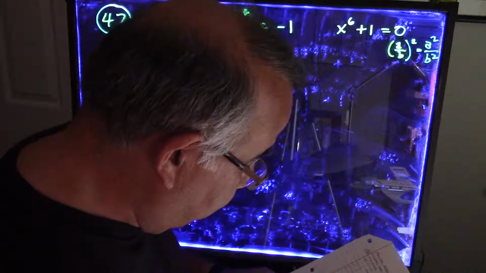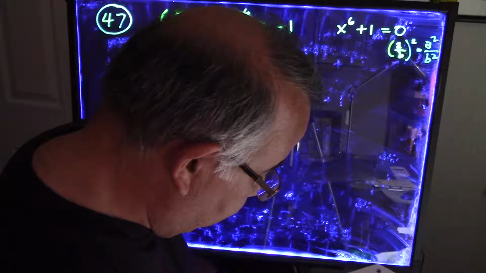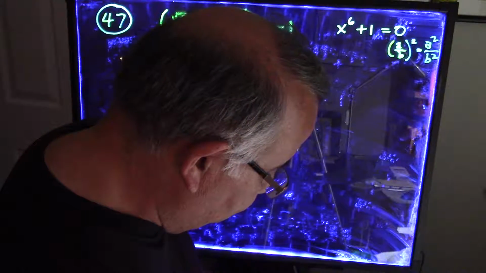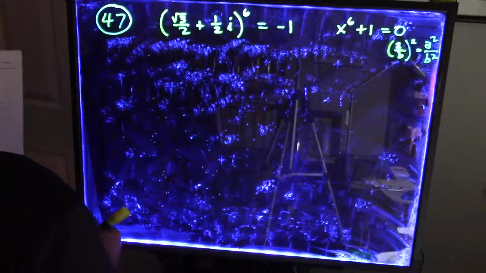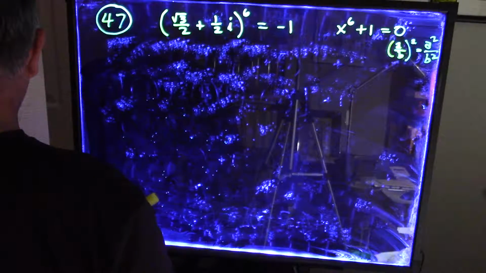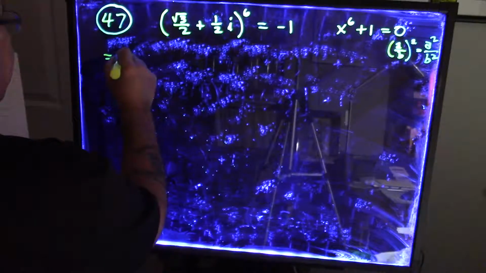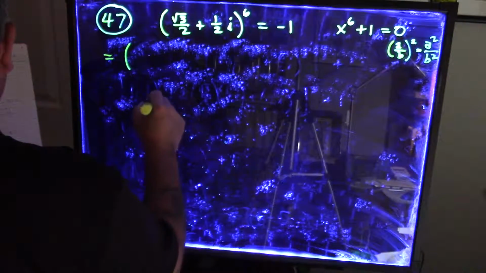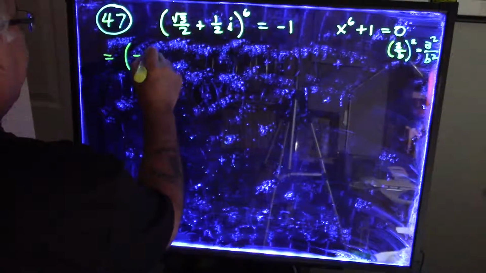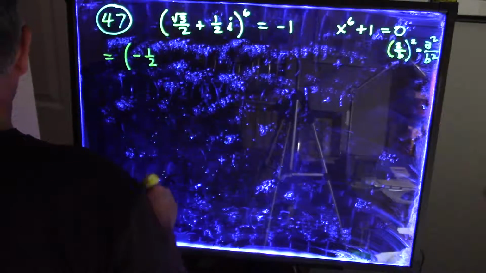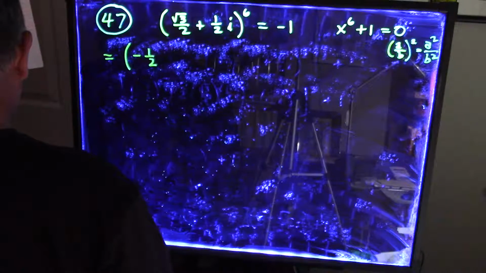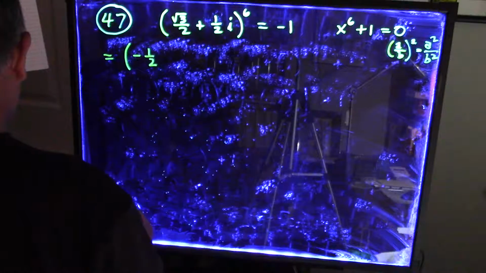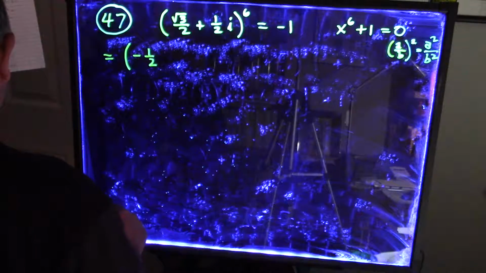Alright, so what we can do now is simplify. We've got 1/4 minus 3/4, so that equals -1/2. And then we've got plus square root of 3 over 2i. Alright, that's the 2 times 1/2 times square root of 3 over 2i.